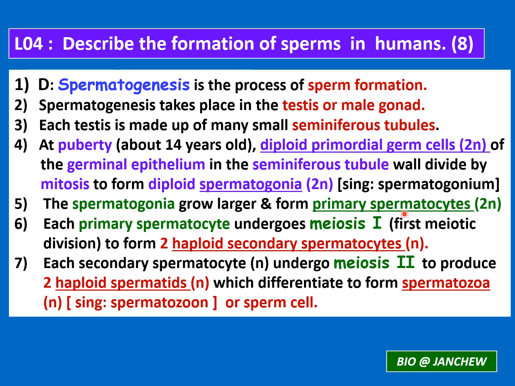Then the next stage is to change the diploid condition to the haploid condition. This occurs when the primary spermatocyte undergoes meiosis 1 to form 2 haploid secondary spermatocytes. Okay, from primary spermatocyte, it forms secondary spermatocyte, just like we study in primary school first and then after that in secondary school.